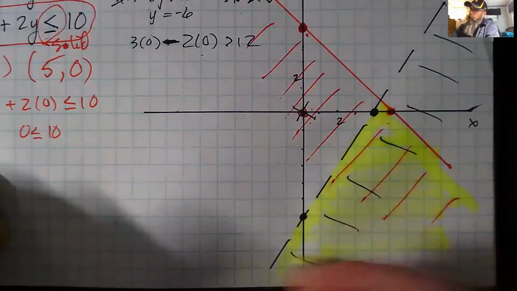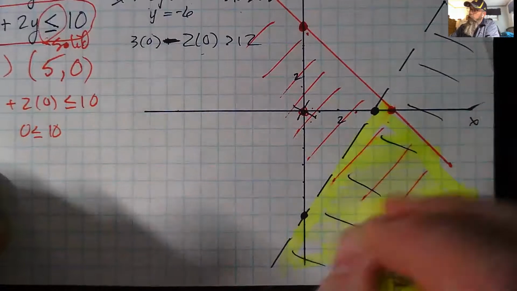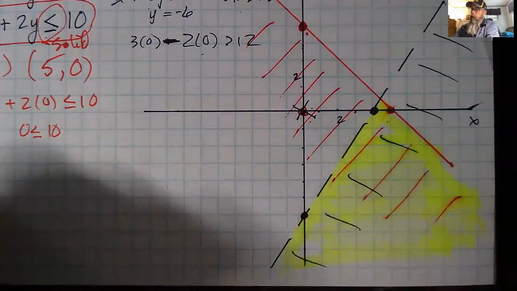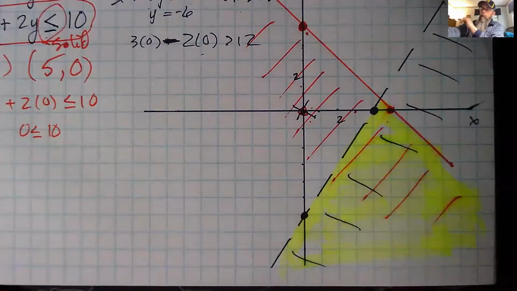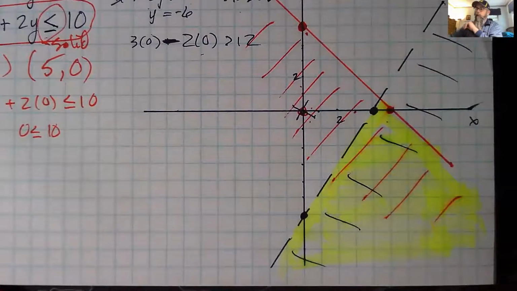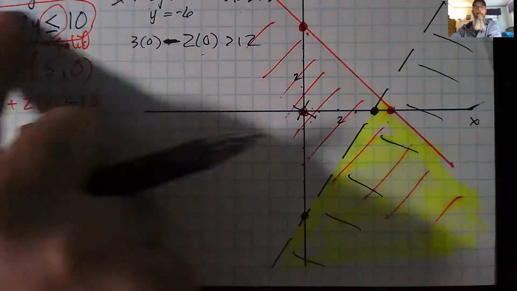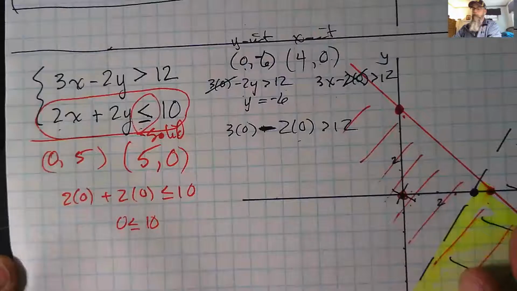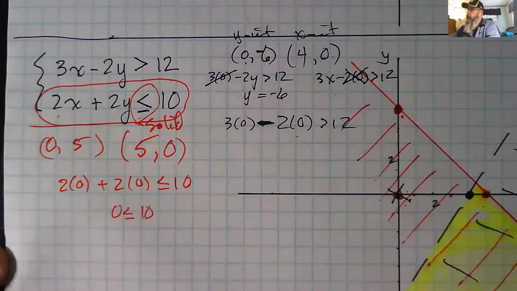So again, these are the points, these ordered pairs. Every one of these points has an ordered pair, an x value and a y value. Every one of those ordered pairs, if I put it into the first inequality, it would make it true. If I put it into the second inequality, it would make it true.